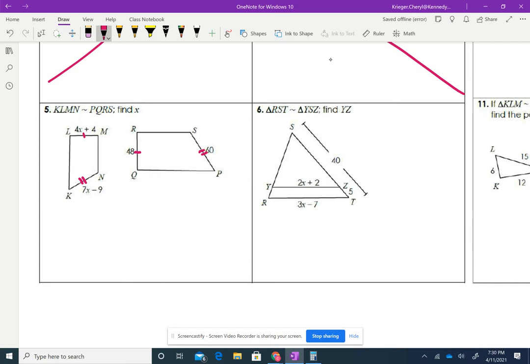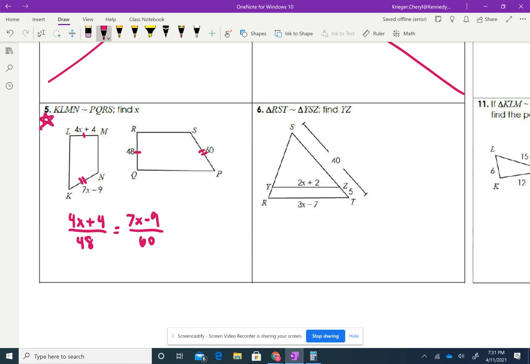And you can always check the similarity statements to make sure that's true. So let's go ahead and set up a proportion. I'm going to say 4x plus 4 over 48 equals 7x minus 9 over 60.